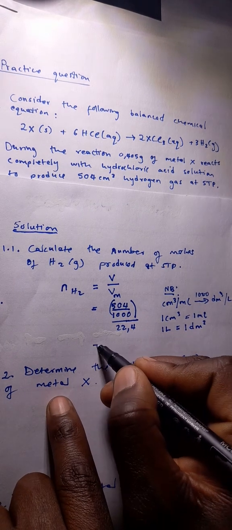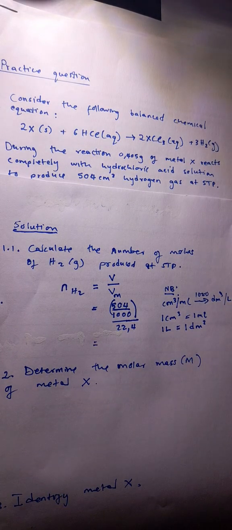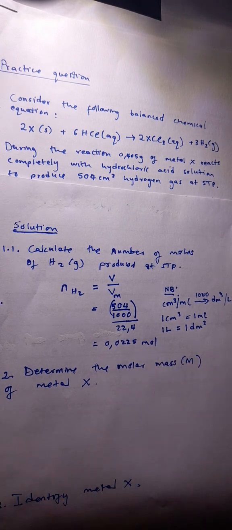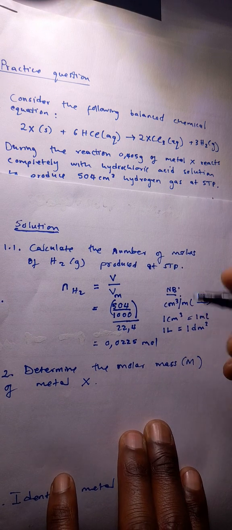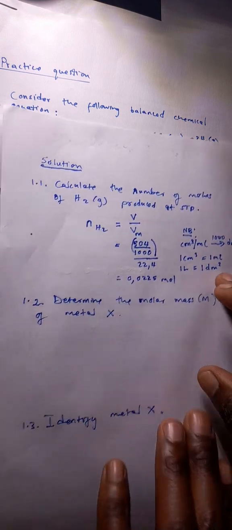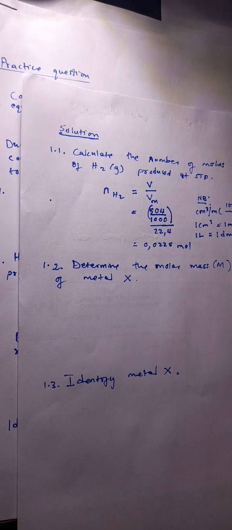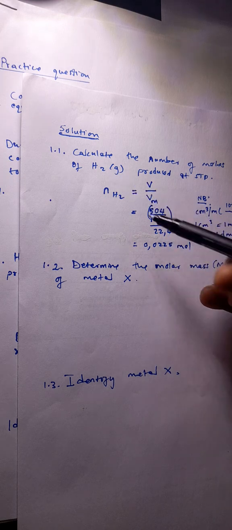So what is our answer going to be? We divide the 504 by 1,000, and whatever answer you get, which is 0.504, you divide by 22,4. My answer is 0.0225 mole. That's worth 3 marks. Now I've got my number of moles, and I must look for the molar mass of metal X. What do I have for metal X?